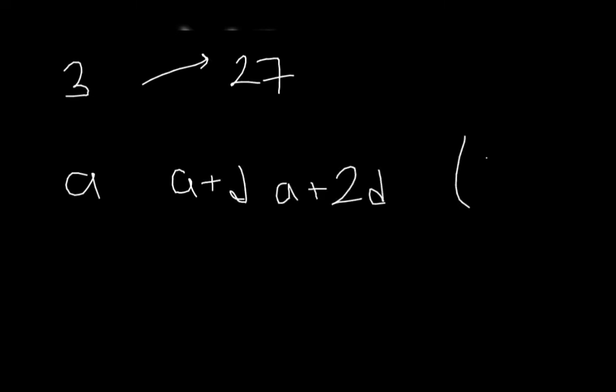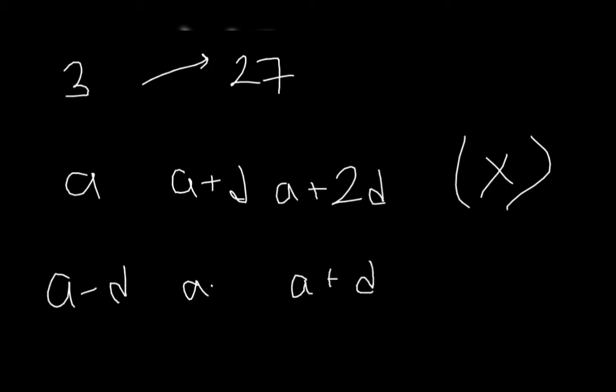You are absolutely wrong. Never take it like this. Always take a minus d, a, and a plus d. Why? Because when you add them, the d gets cancelled and you have only one variable. And here when you add, there are two variables.